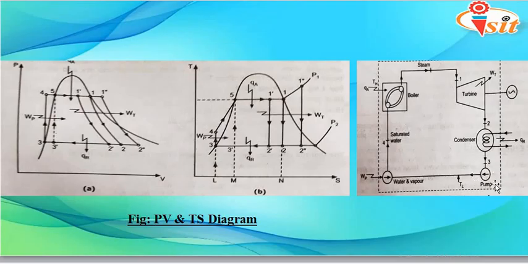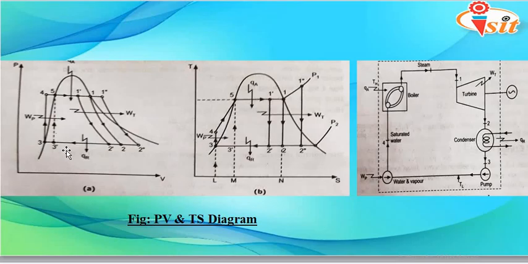Some work is required in order to circulate the water from the condenser back to the boiler. Then the next process is process 4 to 1, which we call the isobaric heat addition process. Here water is heated again at constant pressure in the boiler so that it is converted into steam, and then again this steam will be supplied to the turbine.